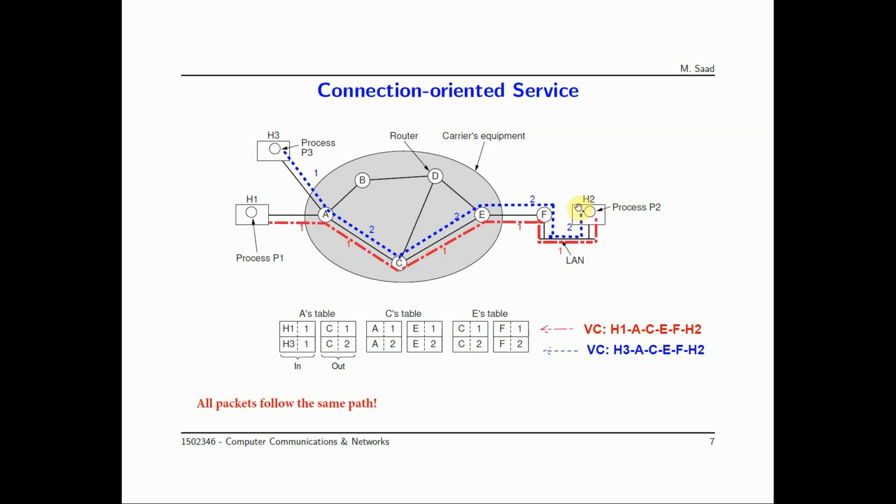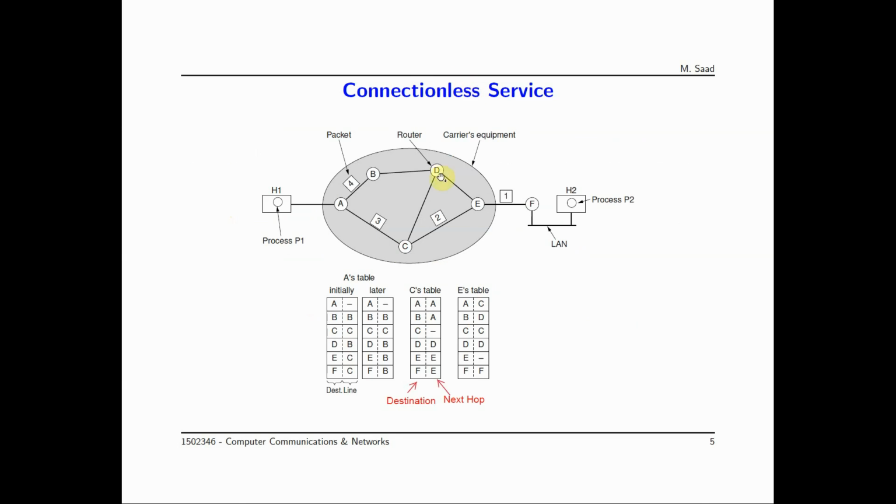So host 1 has a message. The application at host 1 has generated a message, and this message is too large. It got divided into smaller packets. Now all of these packets need to be sent from host 1 to host 2. In the connection-oriented service, what do we do first before we send the packets, as opposed to connectionless, in which we're just sending these packets individually, right?